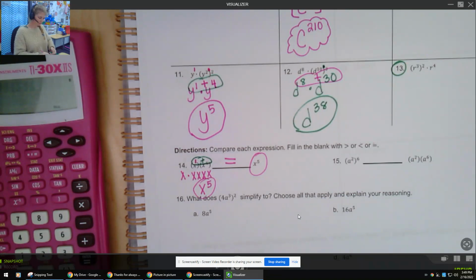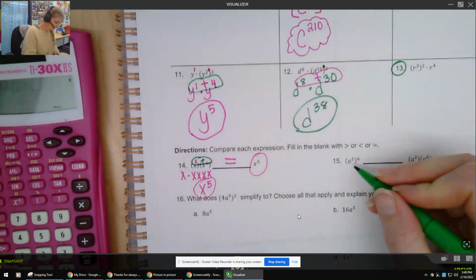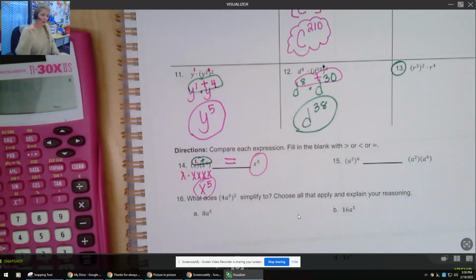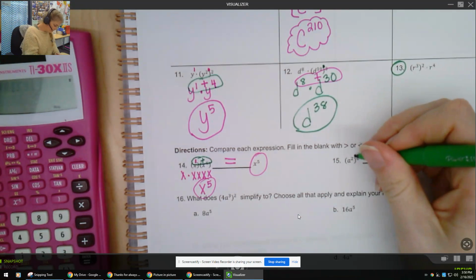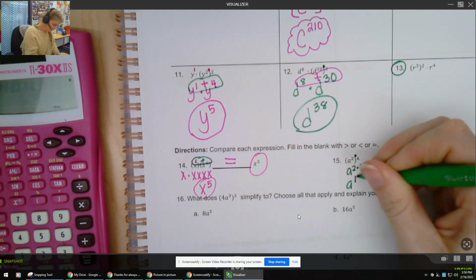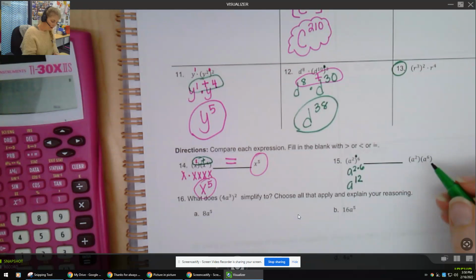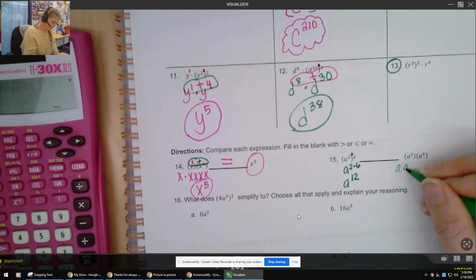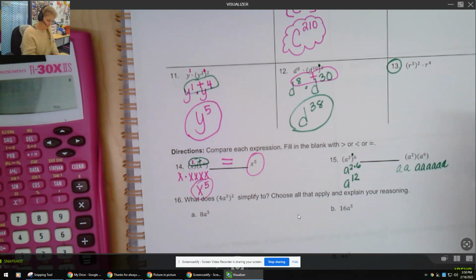If we look at the other one, this is a to the second to the 6th, so that's power of a power. So we multiply, and 2 times 6 gets you 12. Very nice. But over here, this is a to the second times a to the 6th, so that's only 2 factors of a, and then 6 factors of a to get you a total.